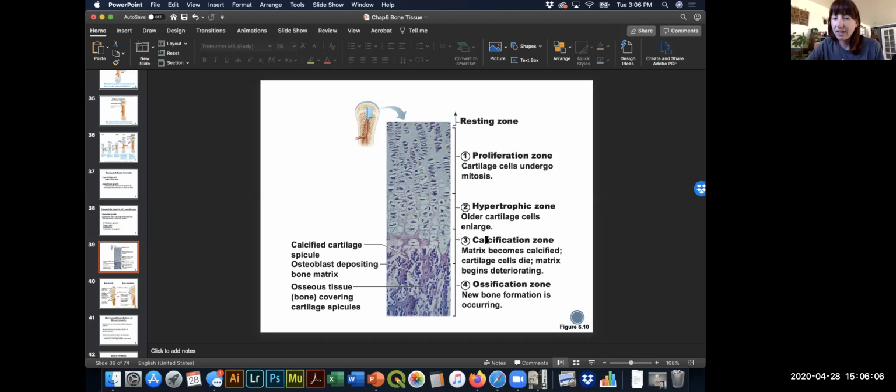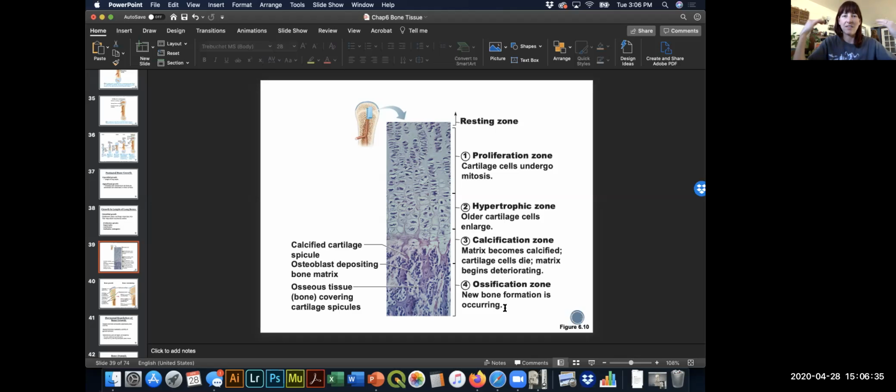And then the calcification zone, when the extracellular matrix outside of those cells starts to have calcium deposited there. So the matrix becomes calcified, the cartilage cells are dying, and they turn into bone. The extracellular matrix takes up all of the space where those cells were.